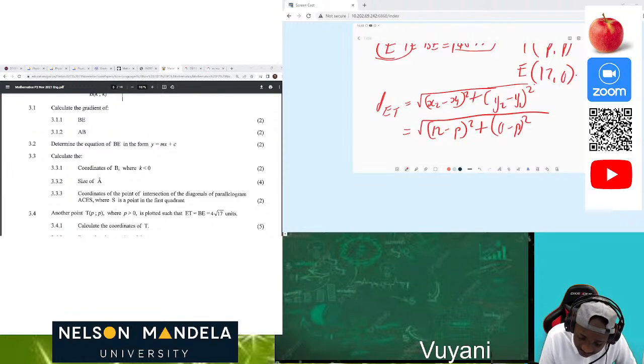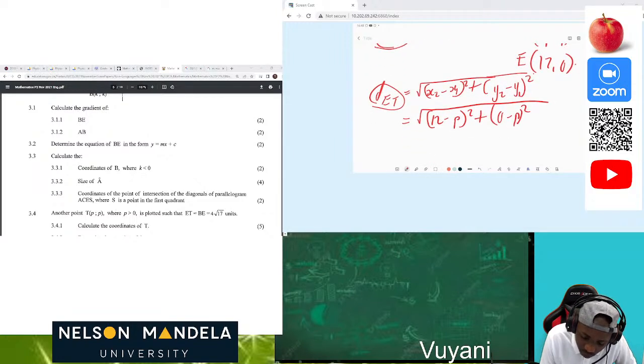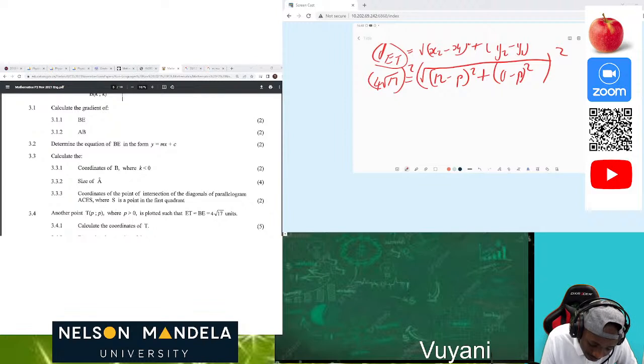Bear in mind, this must be equal to the distance of ET, which we are given as 4 root 17. When we square both sides to remove the square root, we will have 272 this side, because we use our calculator. Then we have (12 minus p) all squared plus p squared.